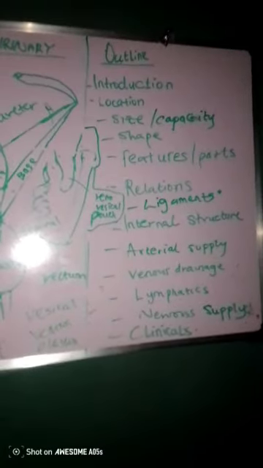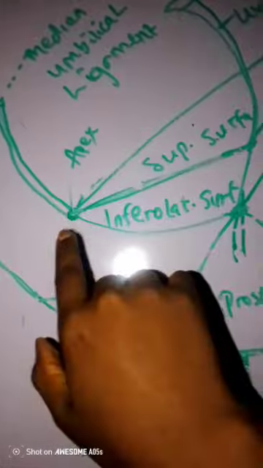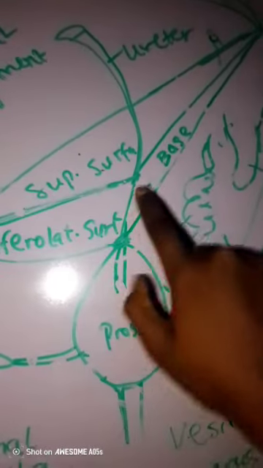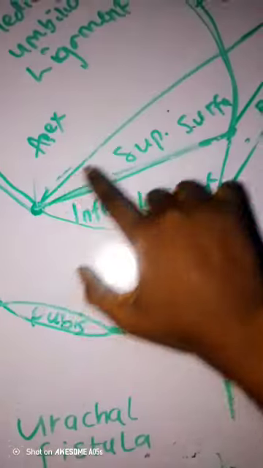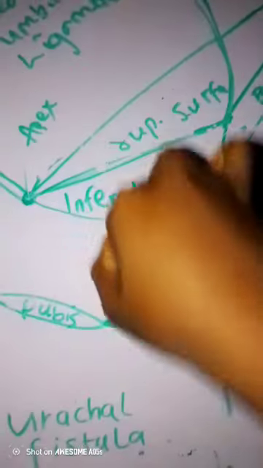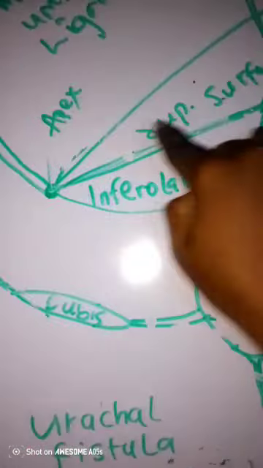Then we have the features or parts of the urinary bladder. These are what immediately you find on the urinary bladder. There are some things you see externally, the gross features. So we have the apex, the neck, the base. We have the borders. These are the lateral borders, two lateral borders that separate the inferior lateral surfaces from the superior surface.